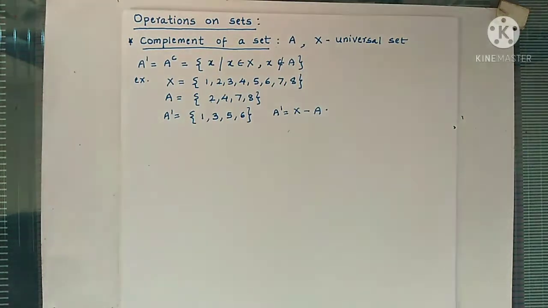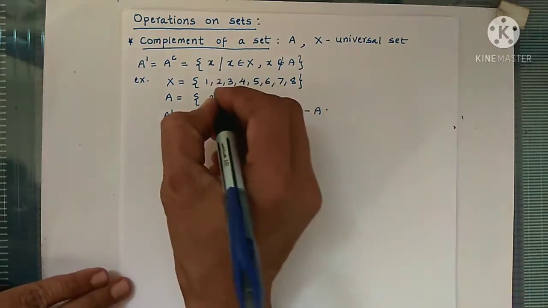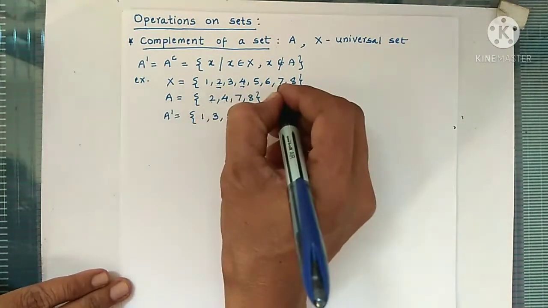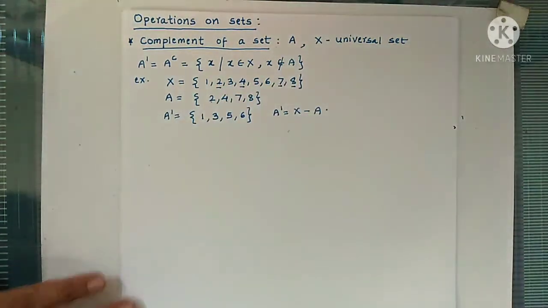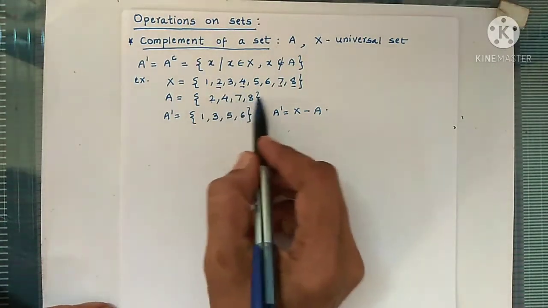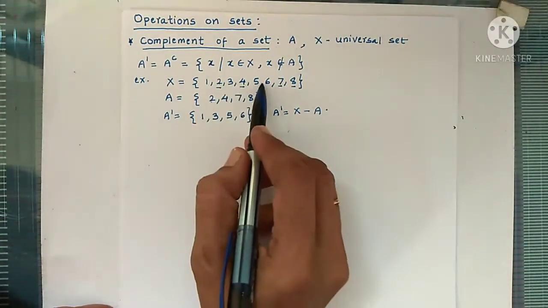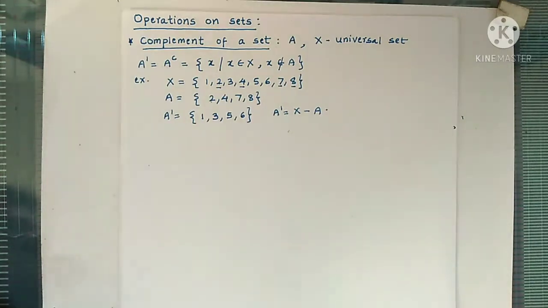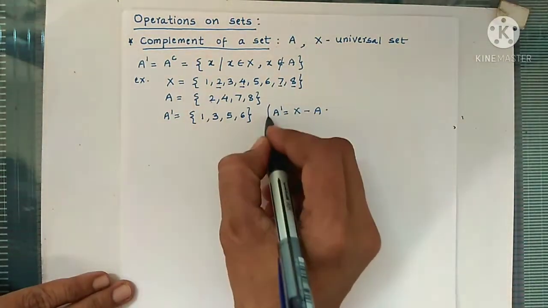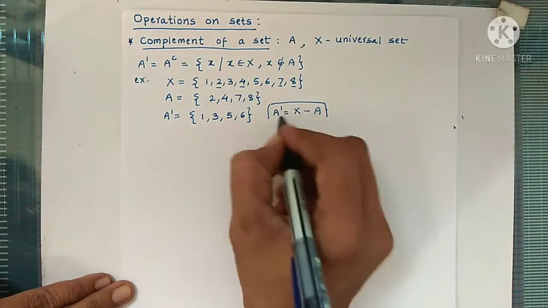Just subtract all elements of A from X. So A is 2, 4, 7, 8. Write the elements of X other than 2, 4, 7, 8: 1, 3, 5, 6. So this is A complement. A complement is basically X minus A.